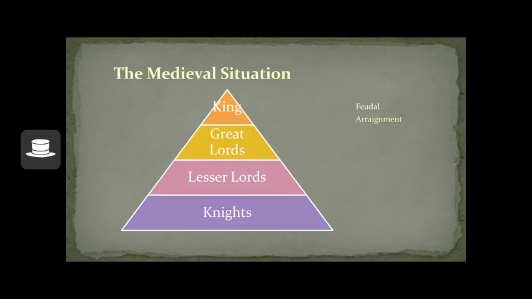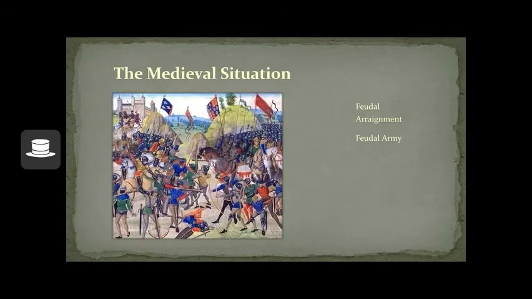Now, you may be wondering, why would the king give away land? What does he get out of this? Well, the noble will administer that land, but he's also responsible for providing service to the king. This is essentially what feudalism is all about: land for military service.